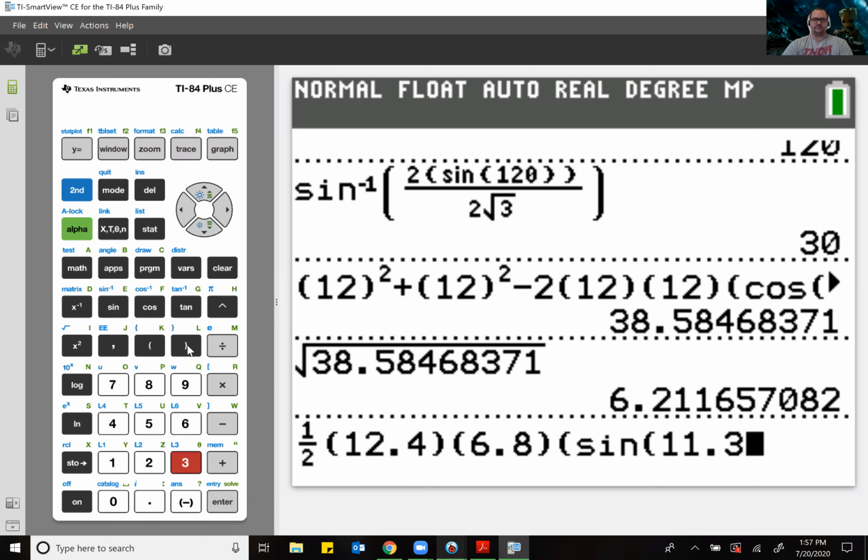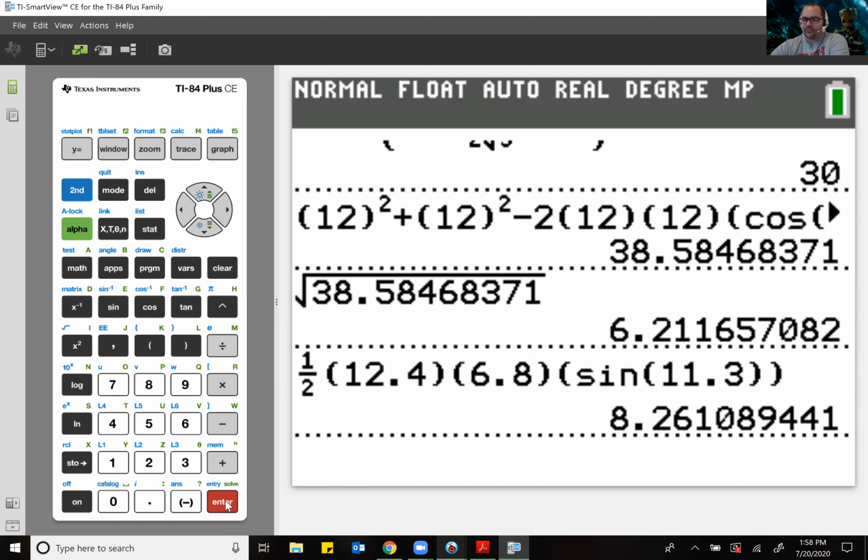Close, close. Enter. So 8.261089441, and rounded to the nearest 10th would be 8.3 meters squared, because it's area. And there we go. So 8.3 meters squared.